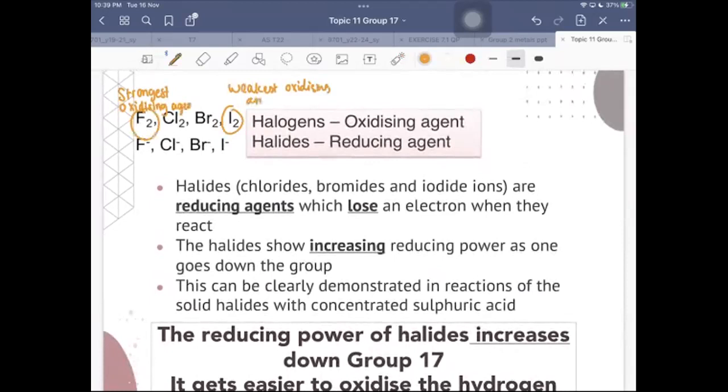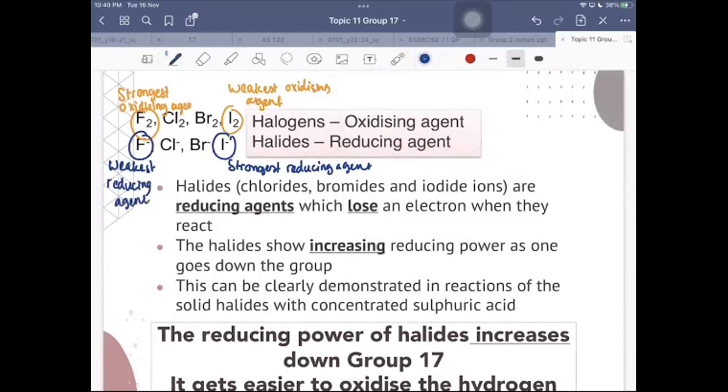But for your halides, it's the total opposite, okay? Your reducing power increases as you go down the group. So iodide is the strongest reducing agent, whereas fluoride is the weakest reducing agent.